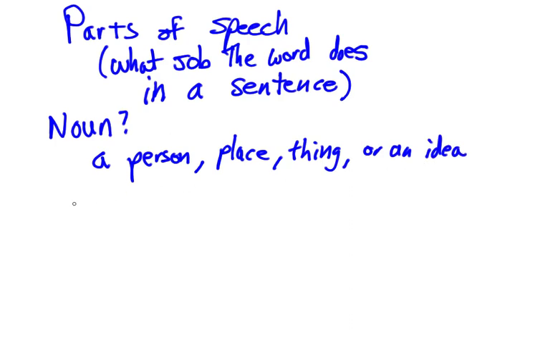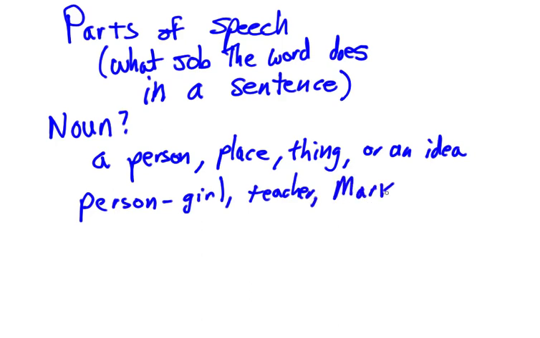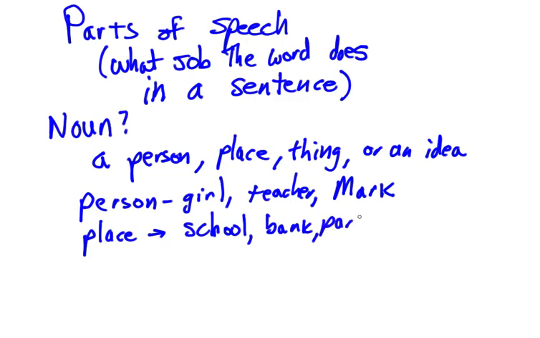Alright, so let's see some examples of this. So for person, it could be words such as girl, teacher. It could also be proper names like Mark, my name. A place, such as school, bank, park, or even proper names like Bangkok.